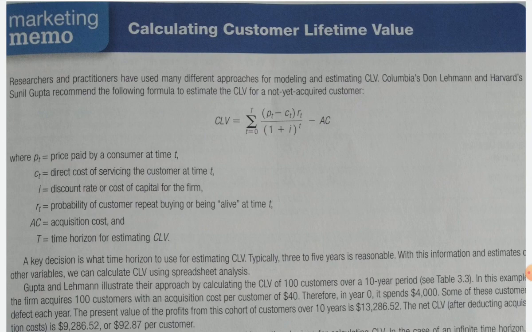Like the price paid by a consumer at time t, I linked it with the economics theory of consumer surplus, and then there will be pricing strategy related considerations. Then cost has to be calculated, which are rather simpler calculations, but the most interesting and joyful part, which a scholar of marketing sees in all this, is the probability of customer repeat buying.